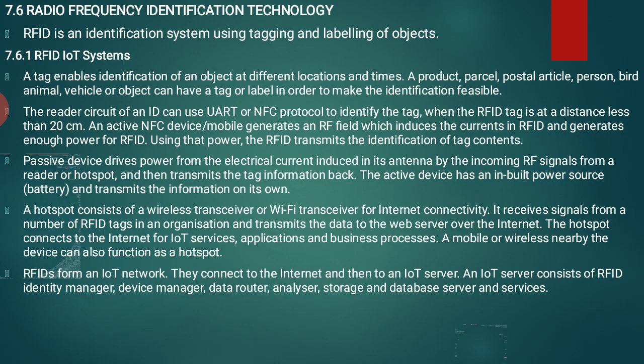So the electrical current is induced in the antenna by the incoming RF signals from a reader or hotspot. Where are these signals generated? From the reader or hotspots, which then transmit the tag information back. Through these hotspots or reader circuits, information can be transmitted to and fro between the tag and the device.